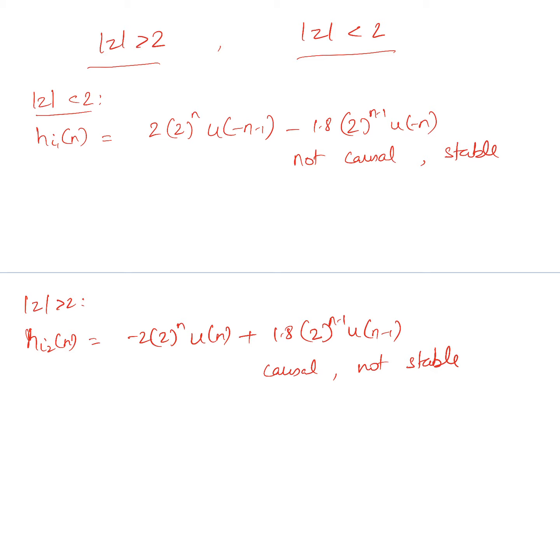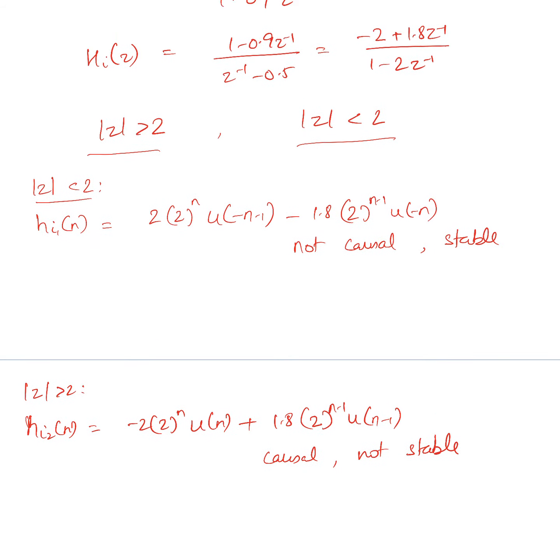If h of z is a causal system with some zeros at ck for k equal to 1 to m, then its inverse hi of z will be causal if and only if we associate the ROC of hi of z as mod z greater than the maximum of mod ck over k.